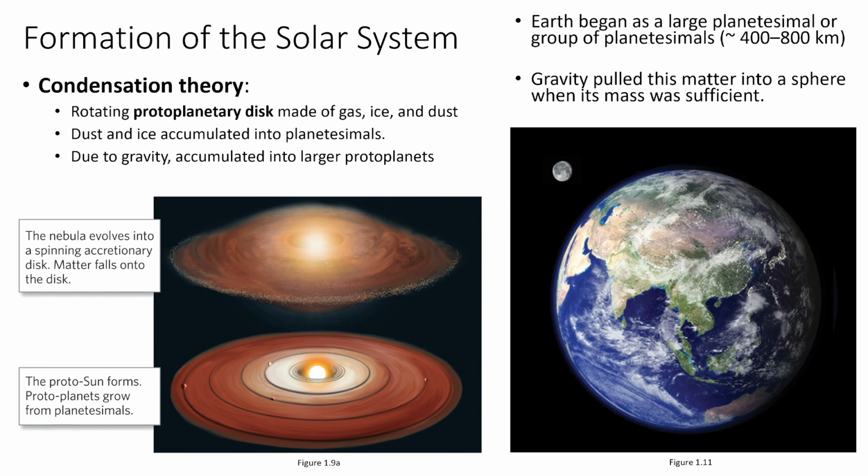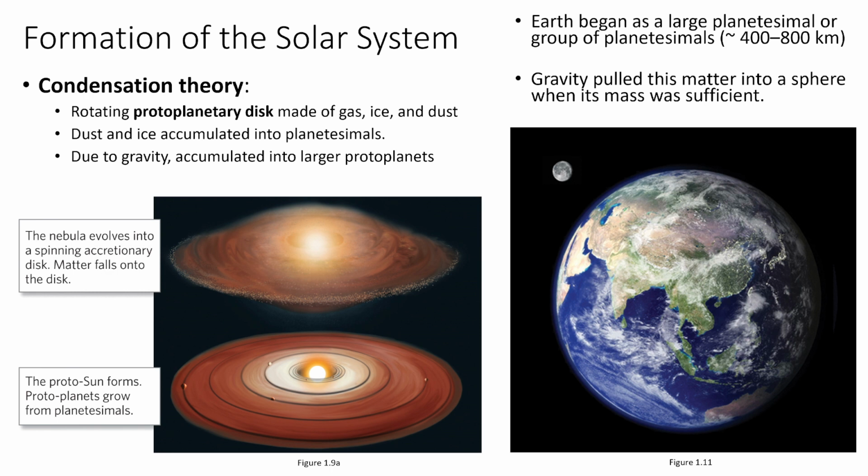Our solar system formed kind of similar to nebulae and stars. So we've got condensation theory, which talks about a rotating protoplanetary disk made of gas, ice, and dust. The sun formed, and then these planets were formed through condensation theory.